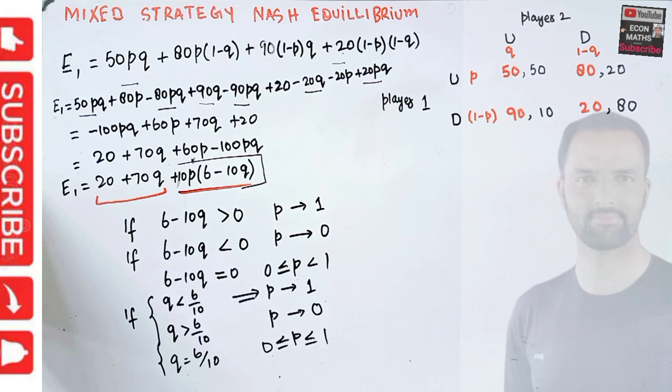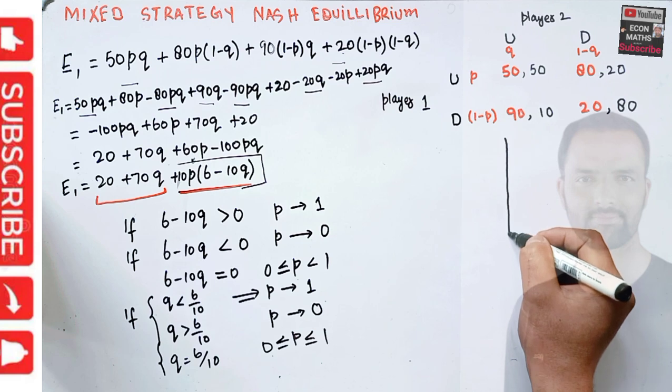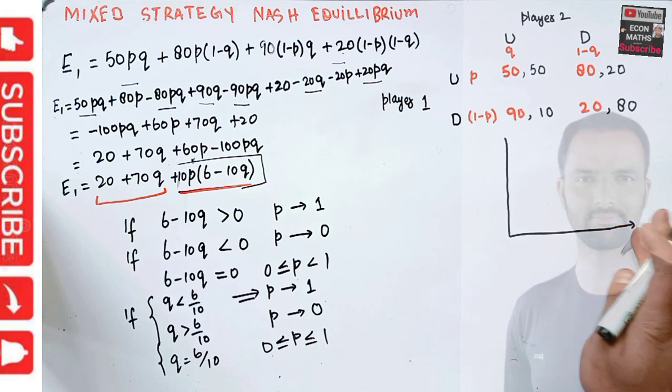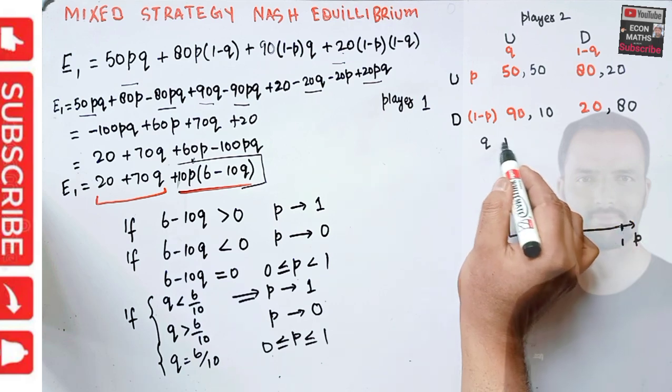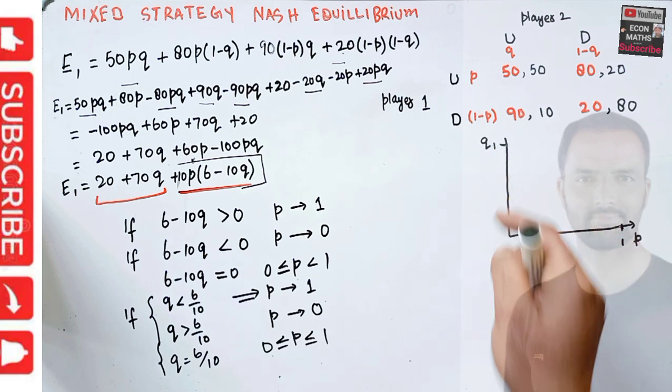So how do we form this? Let me write it here. Let us say we have P variable here and Q variable here. Now let's say this is 1, this is probability 1, and this is Q as probability 1.